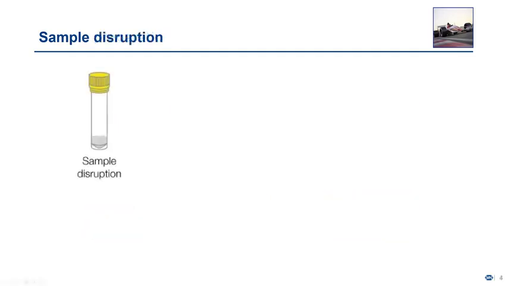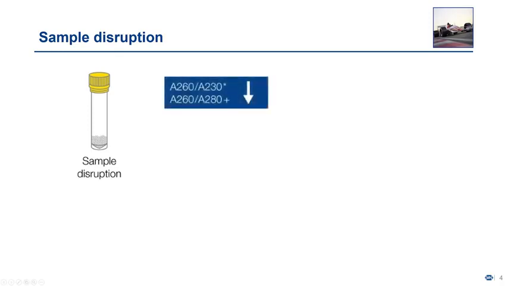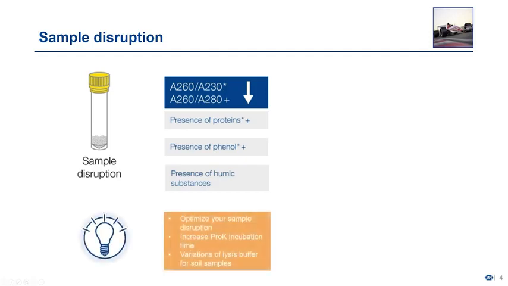The next step, the sample disruption, is quite critical. If not done thoroughly, the A260/A280 as well as the A260/A230 ratio will be low. This can be due to a variety of reasons, such as presence of proteins, leftover phenol such as from TRIzol, or even humic acids from soil samples. One thing to do here would be to modify your sample disruption, such as increasing or decreasing the disruption time, or even changing your bead type.